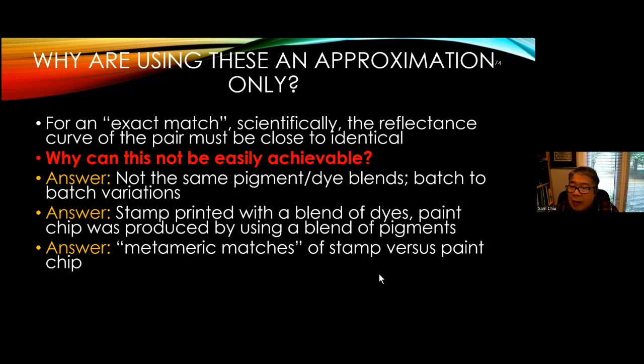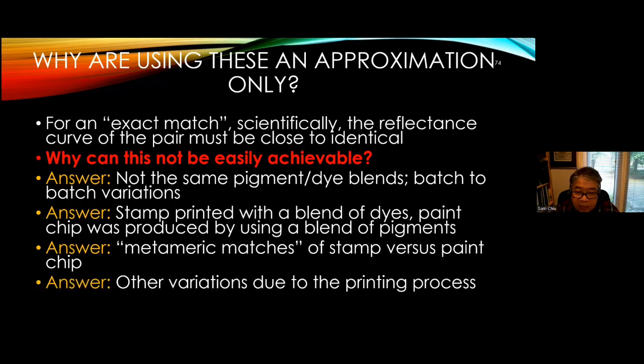It may match in one light, but once you swing it into a different light, the match will disappear. And the other variations are due to the printing process, saturation right there. You know that there is dry printing and wet printing, depending on even the moisture of the paper, even when it's the same batch of dye, yet the result is very different.